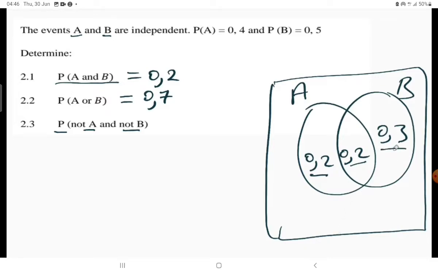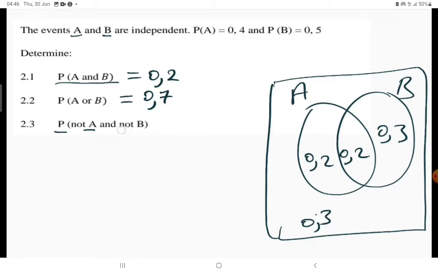So that means we have the external one, which is 0.3 there, to get everything equal to 1. Now we have those who did not participate in A nor B, lying outside these two events, which is the complement of these two events.